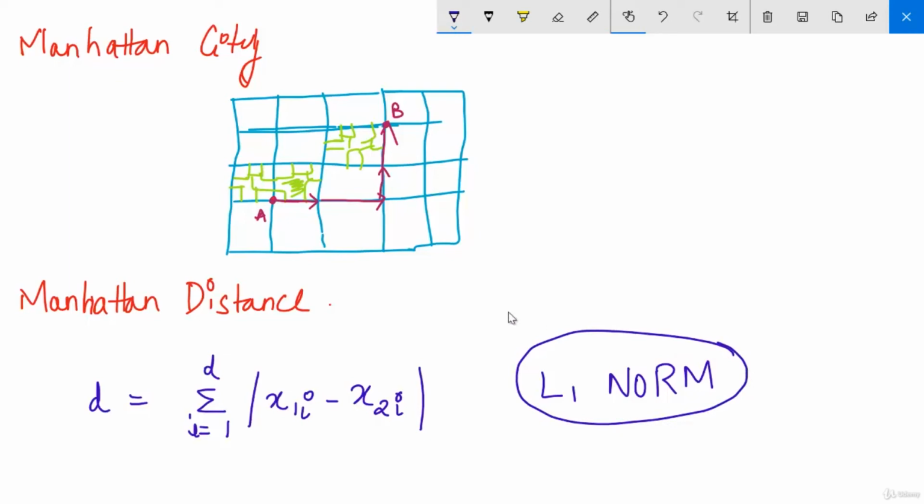So this is your L1 norm. I hope you're getting the picture here, what I'm trying to explain. If there is only one point, x1, this is your L1 norm, and if you want to represent it mathematically, you can say sum over i equals 1 to n of x1i.